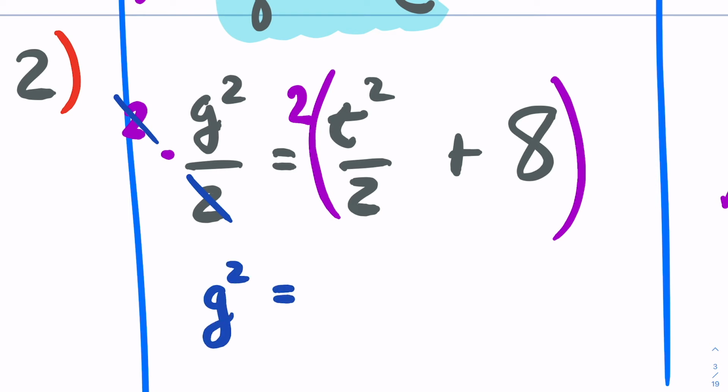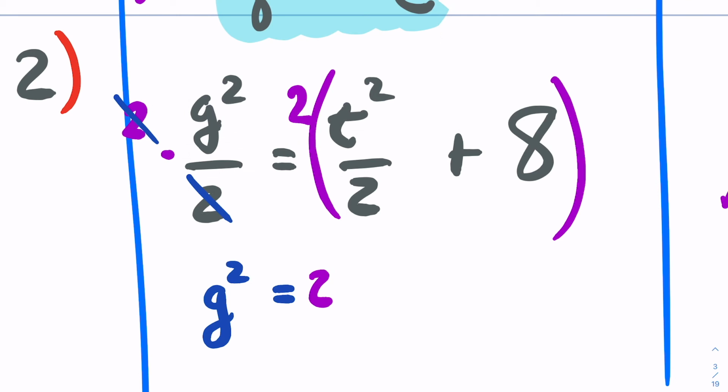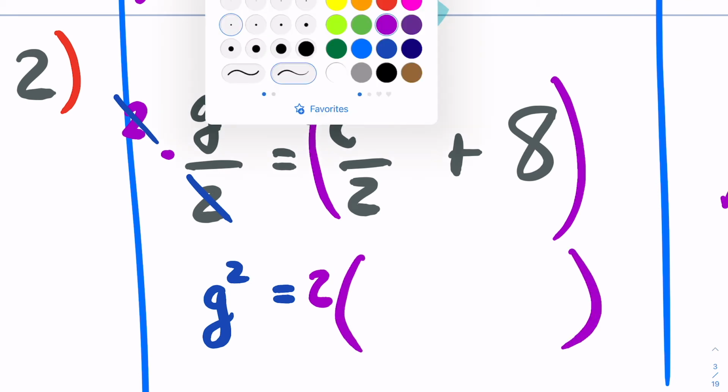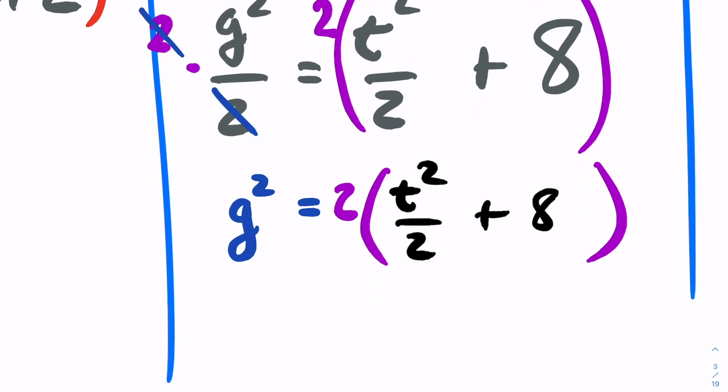G squared will equal, I am going to leave everything the same. Do not simplify it. I know it's very tempting to want to distribute that too. To get rid of a square, I would have to square root.